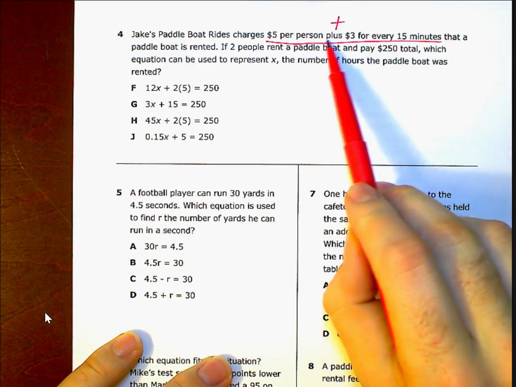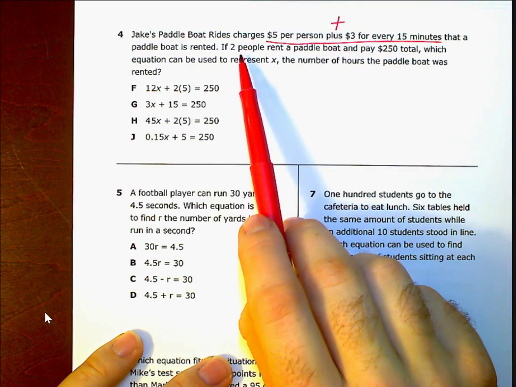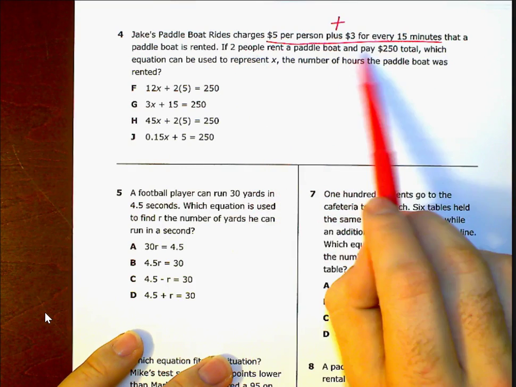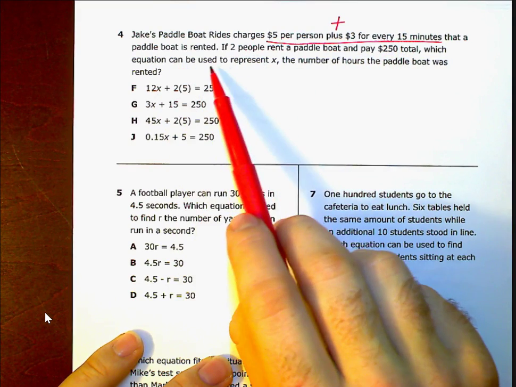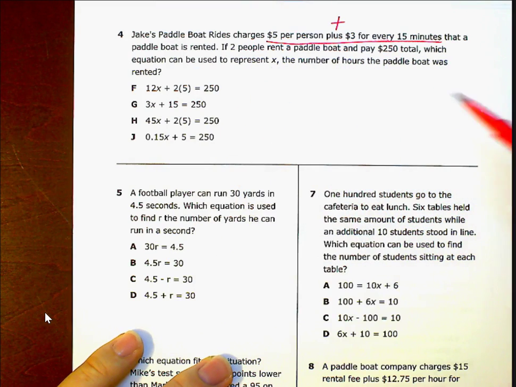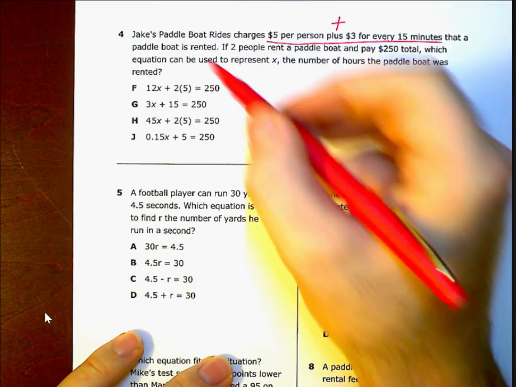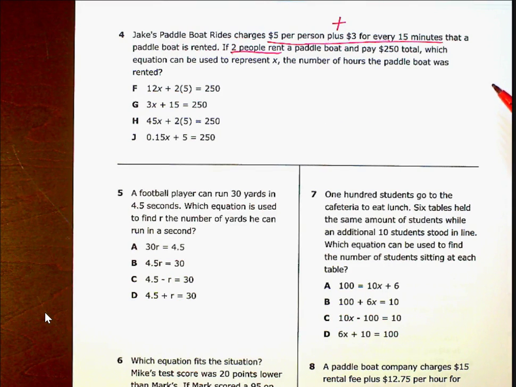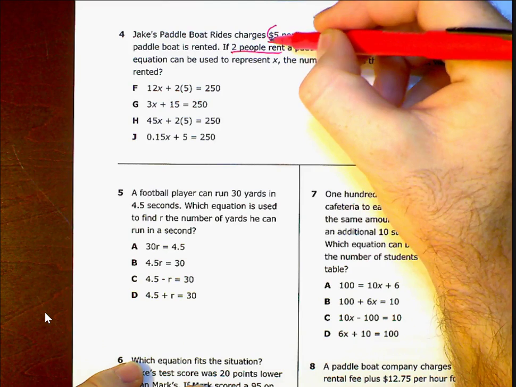So they tell us how to figure out the cost, and then they give us a scenario. If 2 people rent a paddle boat and pay $250 total, which equation can be used to represent X, the number of hours the paddle boat was rented? Okay, so we know 2 people rented the boat. Well, they gave us a price for the price per person, and that was $5 per person.